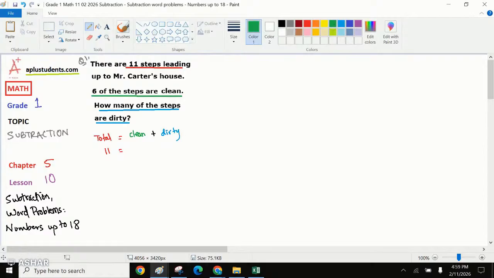So how many were clean? 6 were clean, but we don't know how many were dirty, right? So what we need to do is subtract 6 from 11, so 11 minus 6. Agreed?